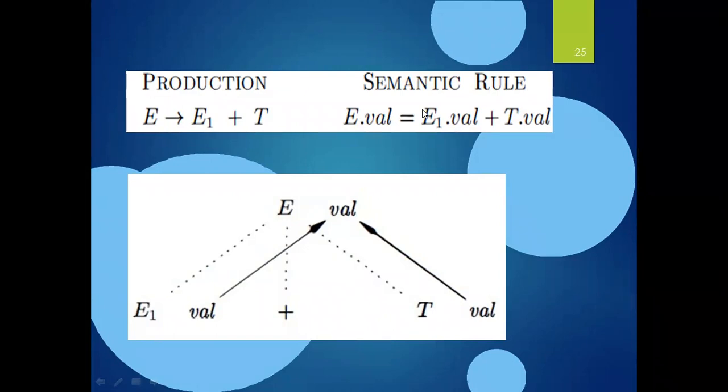What is the definition? It is a directed graph. It represents the interdependencies between the synthesized and the inherited attributes at the nodes. See here, E1 and T: these are the two interdependencies at the nodes in the parse tree, called a dependency graph.